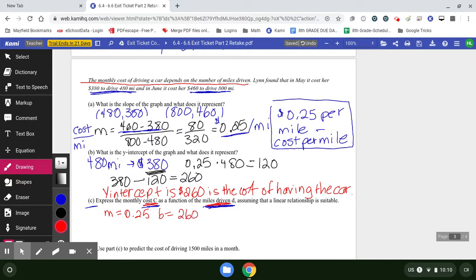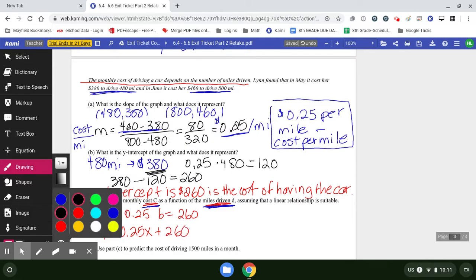So in mx plus b form, it'd be 0.25x plus 260. Now I want to replace my variables. It's saying the monthly cost C and the number of miles driven. There's my miles driven, so that's going to become D.